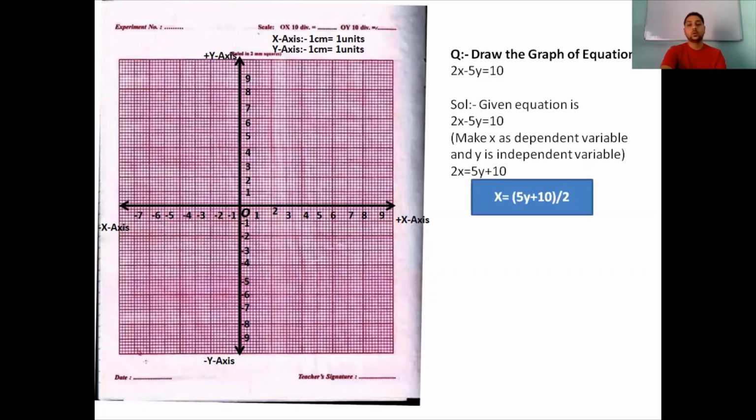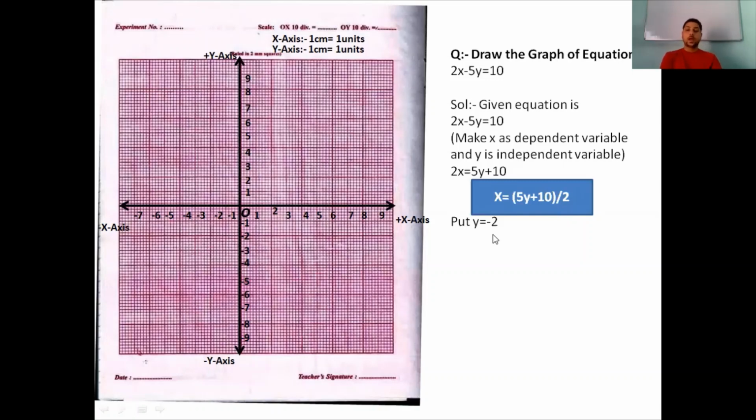Now x is equal to, take 2 on the other side, x will be equal to 5y plus 10, the whole divided by 2 here. So now again we put y and find the value of x here. Now we have numbers in fractional form here, over 2.